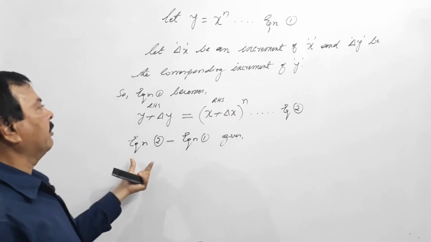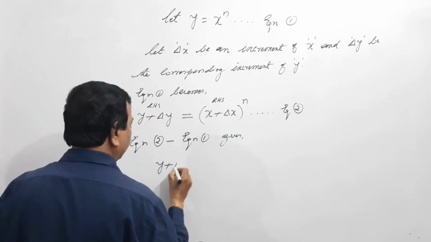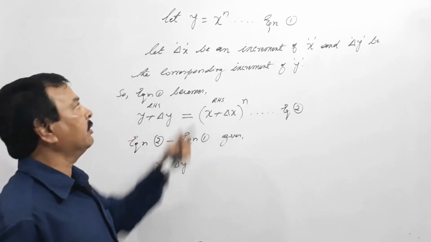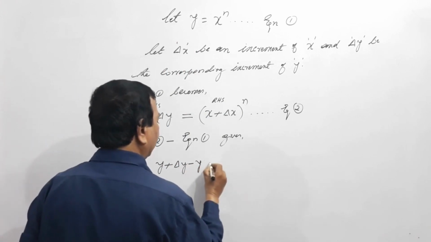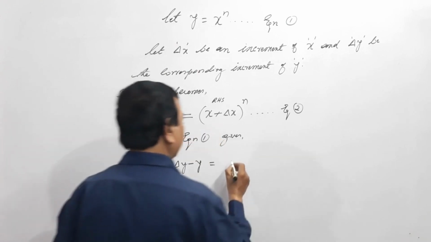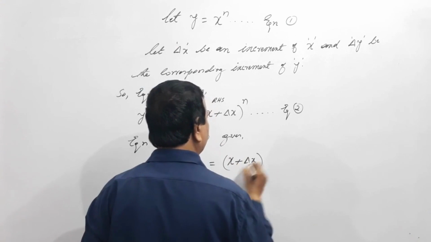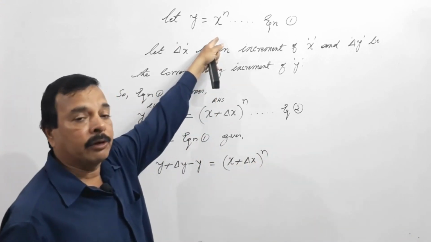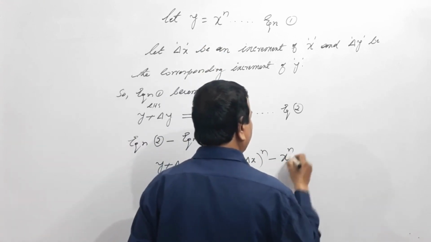So the left hand side of equation 2 is y plus delta y, and the left hand side of equation 1 is y. Y plus delta y minus y equals, on the right hand side of equation 2, x plus delta x to the power of n, and on the right hand side of equation 1, x to the power of n.